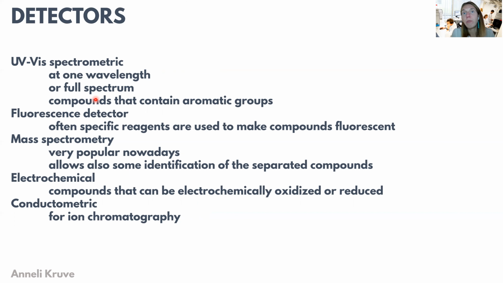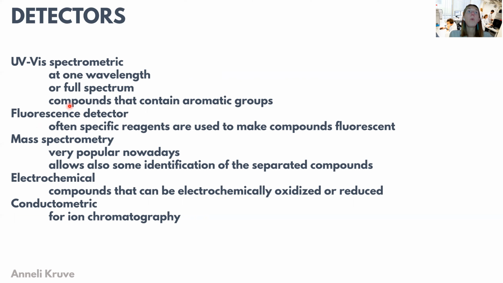One good example is amino acids, which have been determined essentially since the first days of the modern HPLC apparatus. Because they don't absorb very well in UV vis, they were first derivatized and then separated with the HPLC, and thereafter UV visible spectroscopy could be used to detect and quantify these compounds.